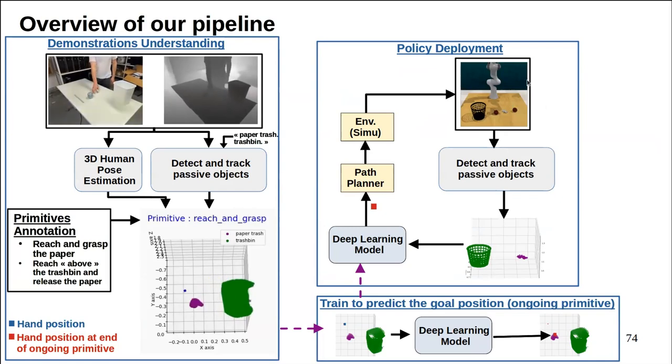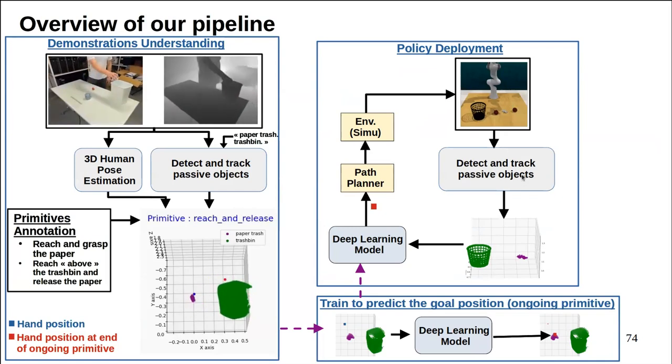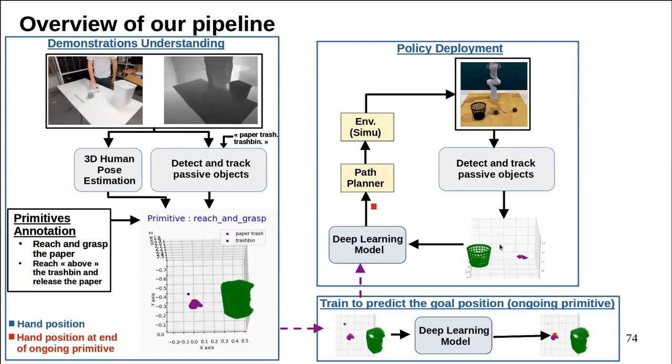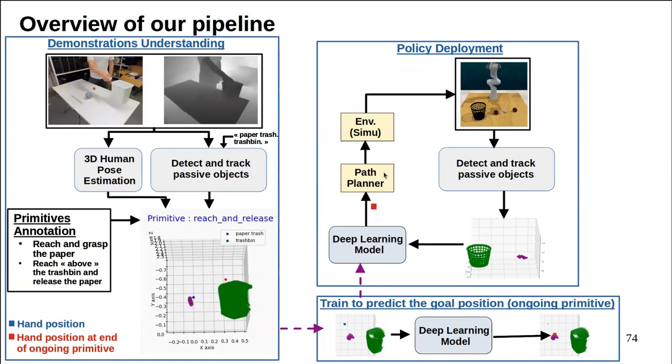Then this image can be sent to our detection and tracking of passive objects, and we can extract our 3D representation of the scene. From this representation, our deep learning model should be able to predict where the robot should go in order to execute the task. This is actually the 3D point that the robot should reach next in the scene. This 3D point can be sent to a path planner that can drive the robot to the desired point.